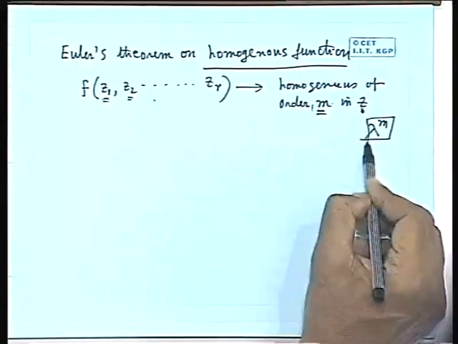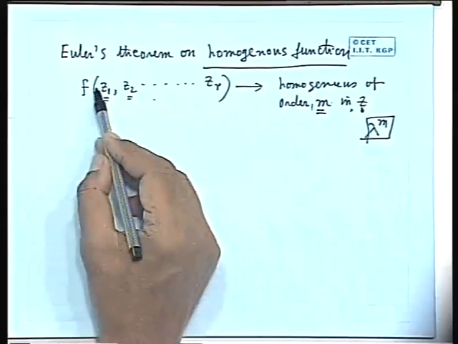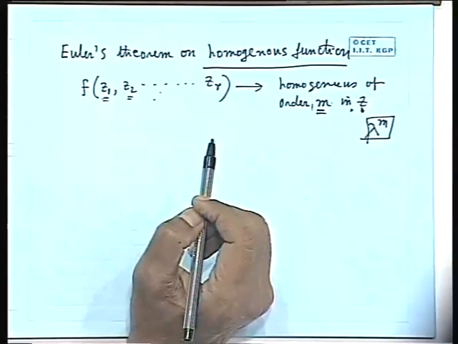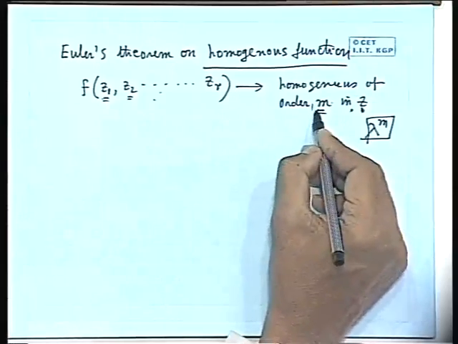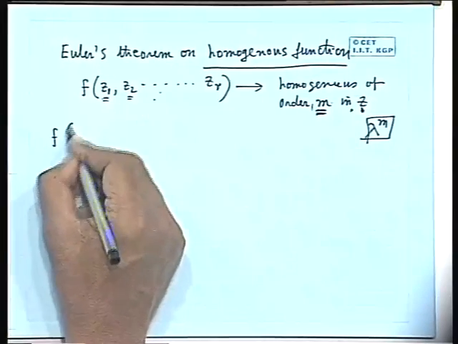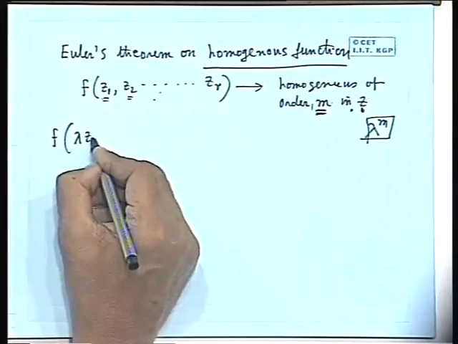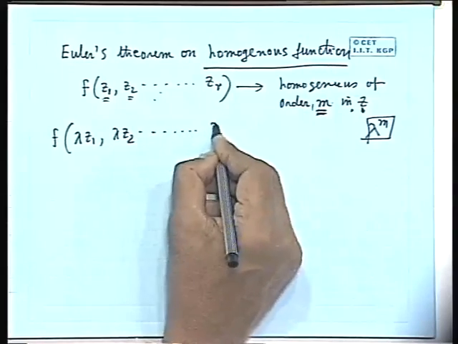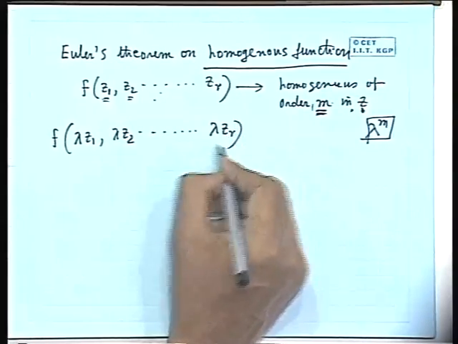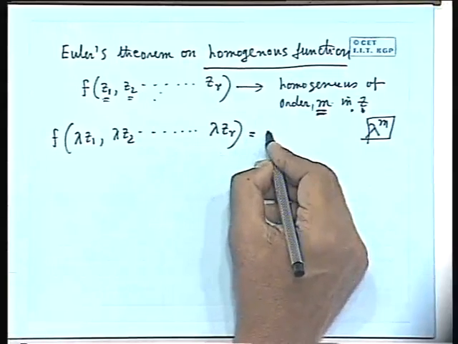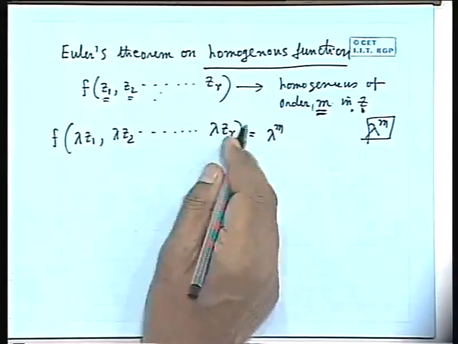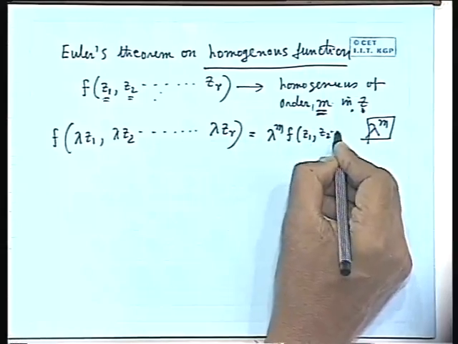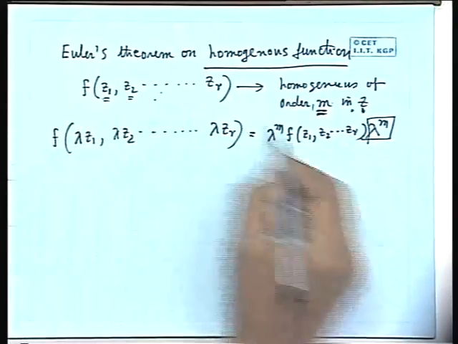You understand? If it is homogeneous of order 1, then when the variables are multiplied by a constant multiplier, the function will be multiplied by that constant multiplier. For example, if it is homogeneous of order m, then f of lambda z1, lambda z2, up to lambda zr, where all the variables are multiplied by lambda, will be equal to lambda to the power m times the same function f of z1, z2, up to zr.